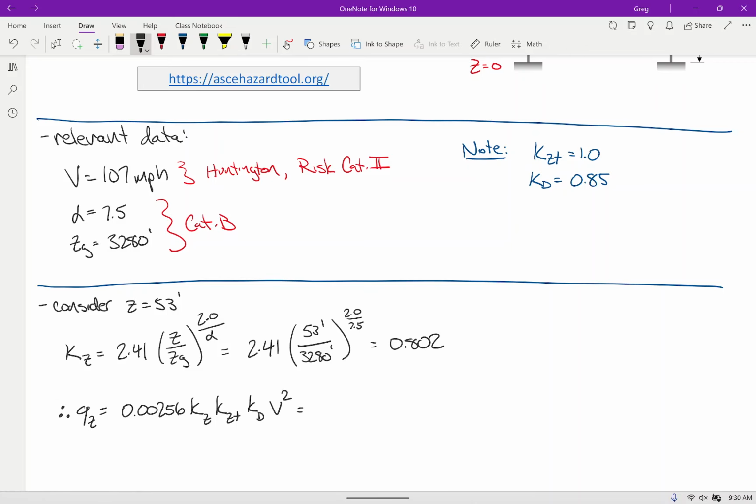So that's 1, that's 0.85, and that's that.